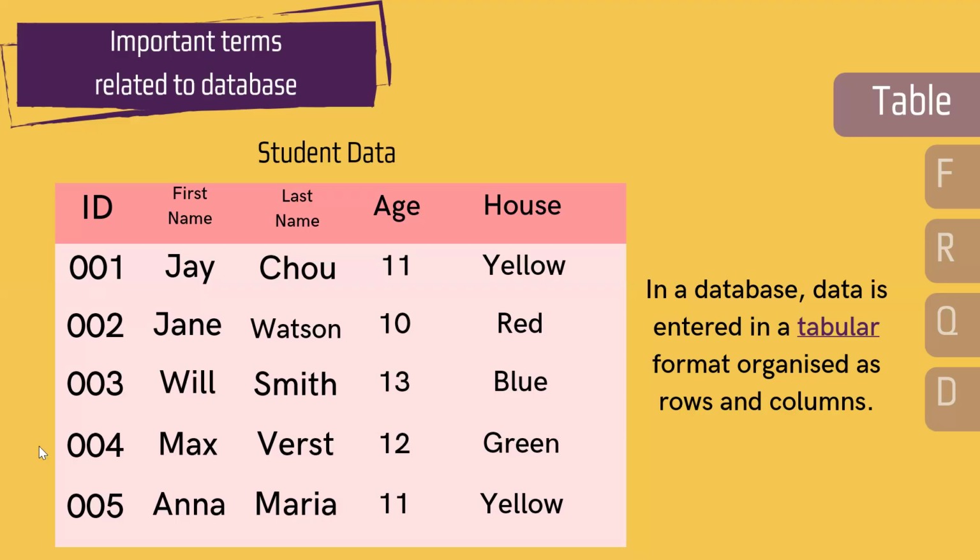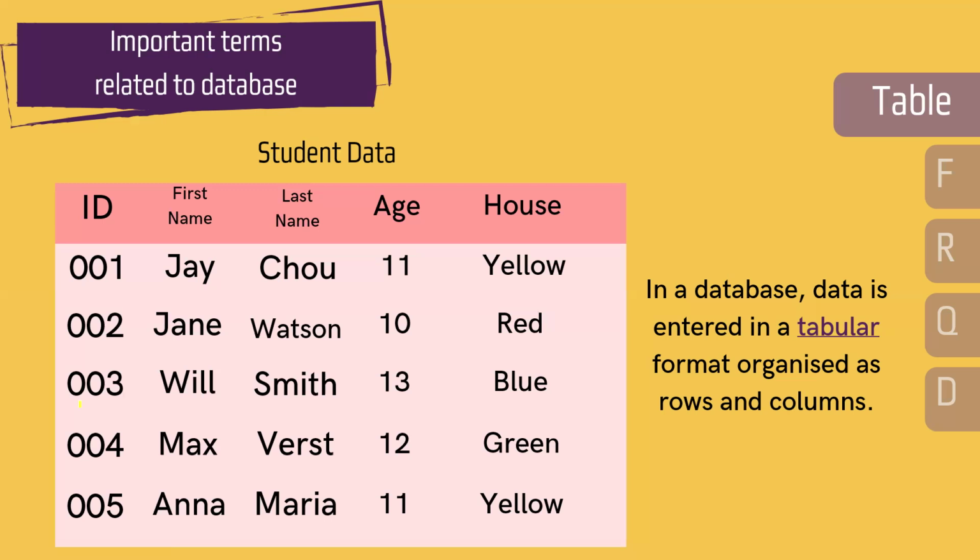The unique identifier means that it should not be duplicated. We probably have a few people with the same name, so the unique identifier tells us who this particular person is.